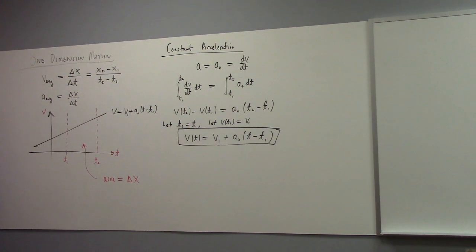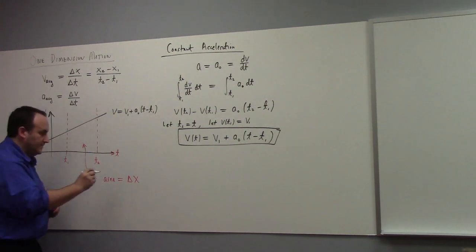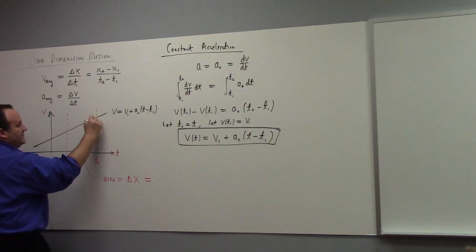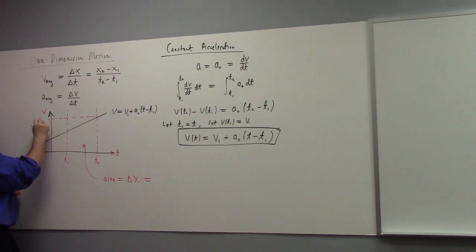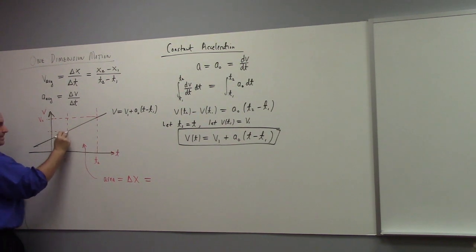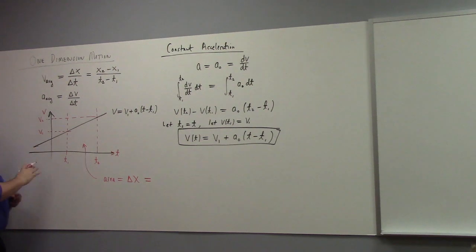But what is the area of a trapezoid? So this right here would be what we call V2. This right here would be called V1. To find the area of a trapezoid, you take the average of the before and after, right?